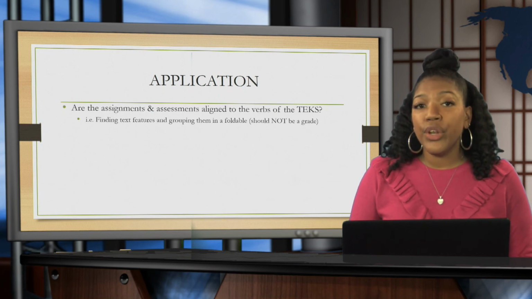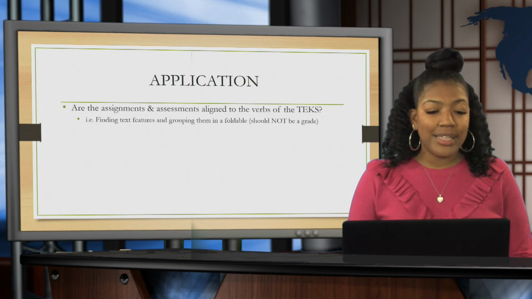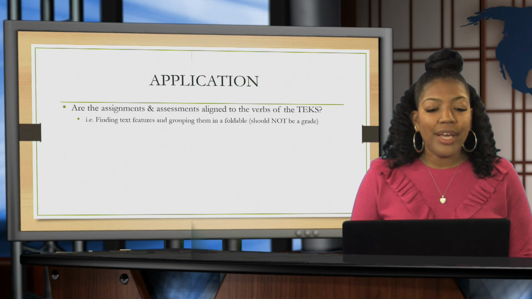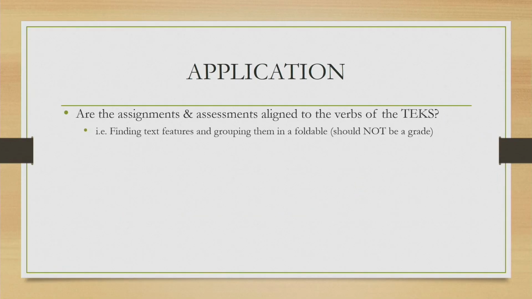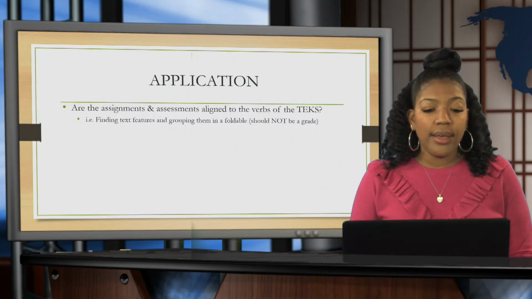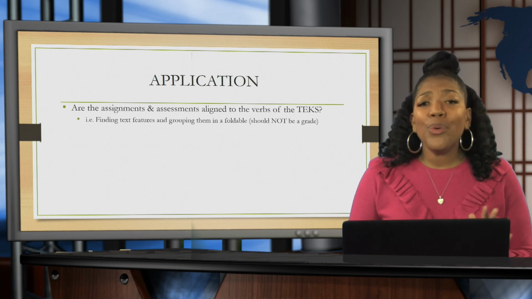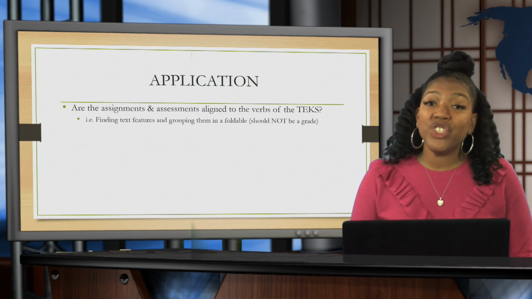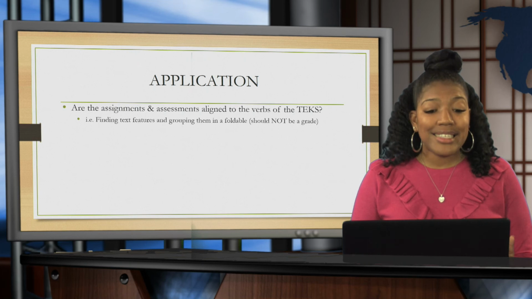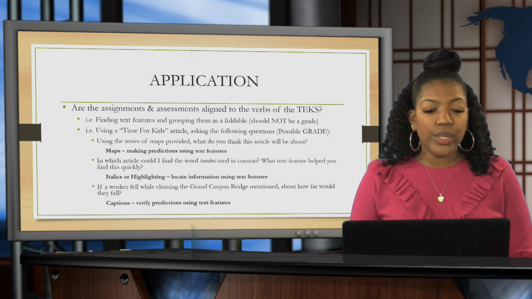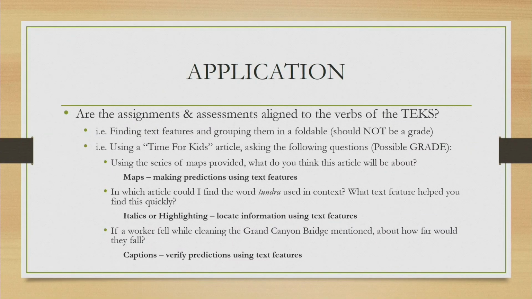Another good thing to note about application for unwrapping the TEKS is that you can check to make sure that your assignments and assessments are aligned to the verbs of the TEK. Just like with our example, when the students were creating a foldable where they were locating those text features, although it was a great activity, that's something that should not have been a grade. Instead, what they could have done was use a Time for Kids article asking questions like, what do you think this article will be about?